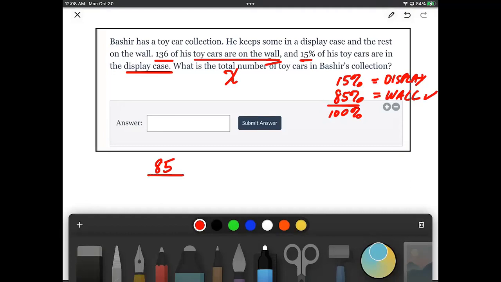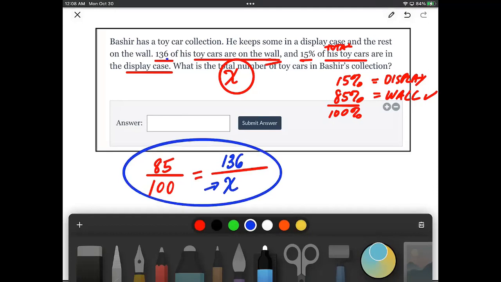So this is going to be 85 over 100 equals, now it says 85% of his total cars, and we don't know what that is. That's what we're trying to find. So that's going to be X. It's going to go down here on the bottom. The of part always goes on the bottom. Now, how many toys are on the wall? Well, there's 136. So that is our equation.